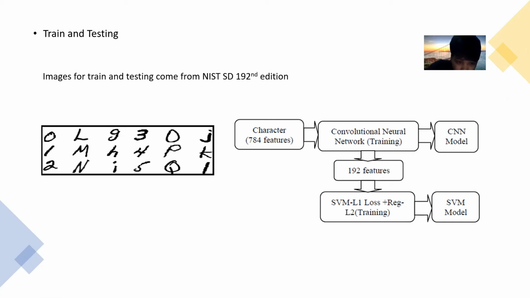So we need to train the data using the ANN, artificial neural network, and then after that we use the 192 features, and at the end of the training we use the support vector machine to do the linear regression and some merging. From there we can calculate the accuracy of every single letter.